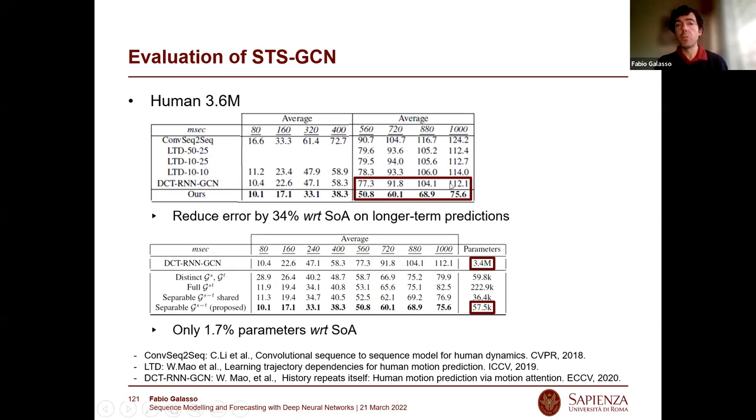And the reason is because we actually get a huge increase in performance. This is an error, and we reduce it by 34%. But also, this is an approach which is based on RNNs, and transformers do not make it easier. And this requires 3.4 million parameters, while actually if we do it with non-deep graph convolutional networks, the number of parameters is just 57,000. So it's a huge save. And this means we can actually also train with less data because we got less parameters to train.